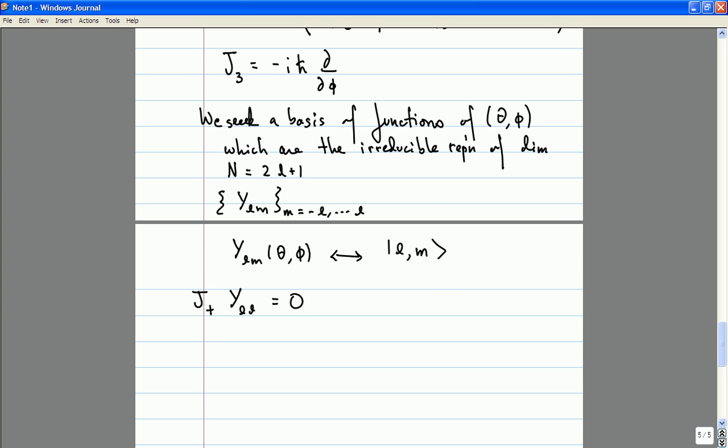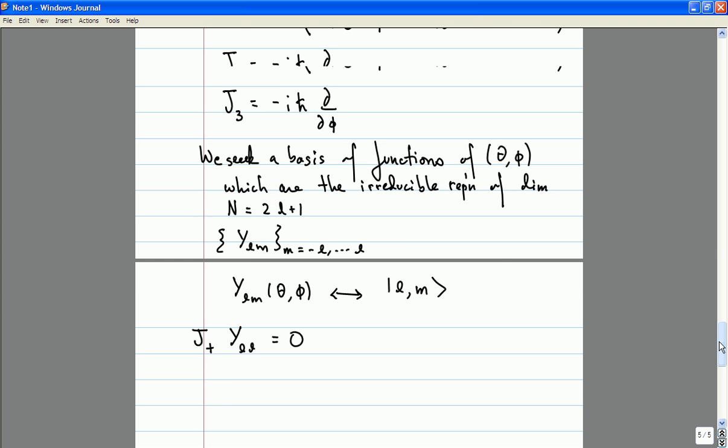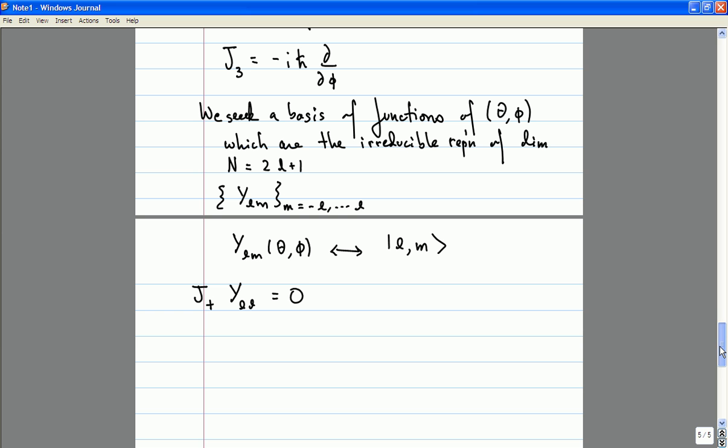Remember I wrote down up above that J1 is y d by dz minus z d by dy, and J2 is z d by dx minus x d by dz. J plus is some complex combination of those. So this is some first-order differential equation that is obeyed by Y_LL, which you can solve. And you've already seen the answer, so I won't bother working it out for you.